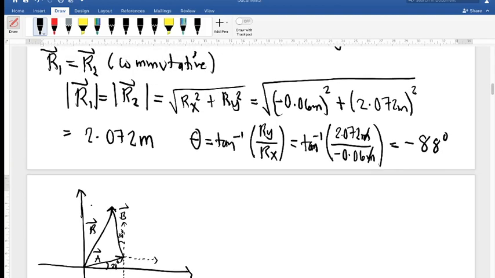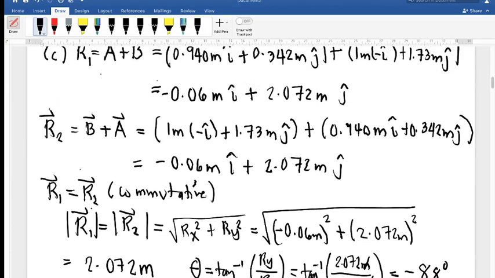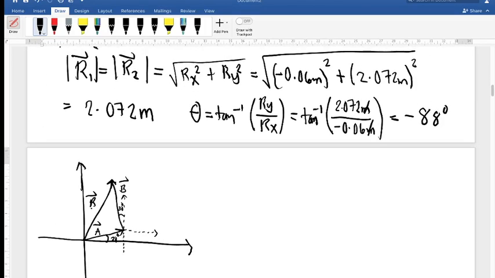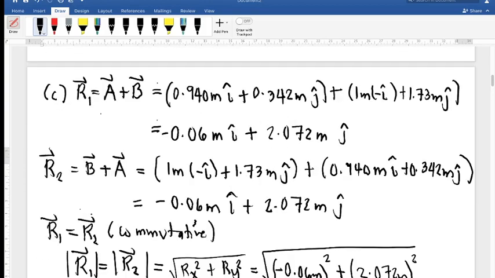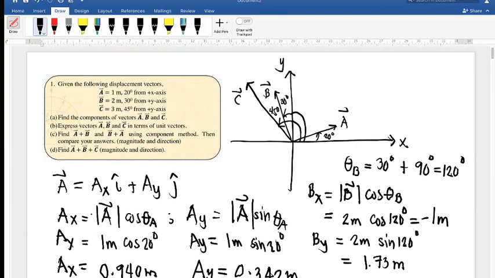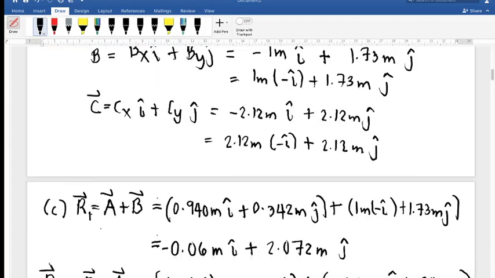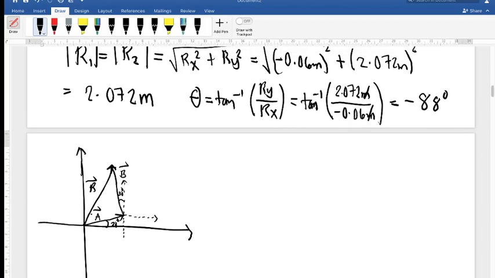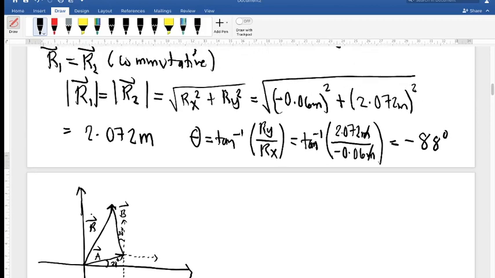Here your vector R has a negative x. Is it 30 degrees? Yeah, 30 degrees. So dapat 30 degrees. So baka hindi ito accurate na accurate.